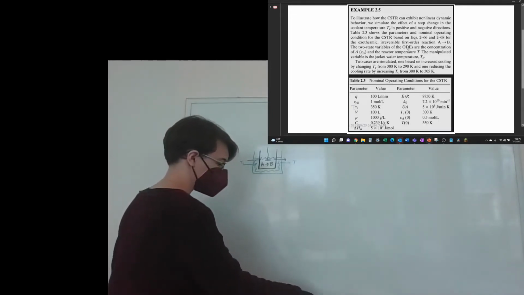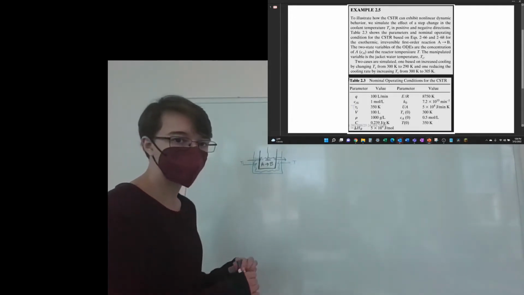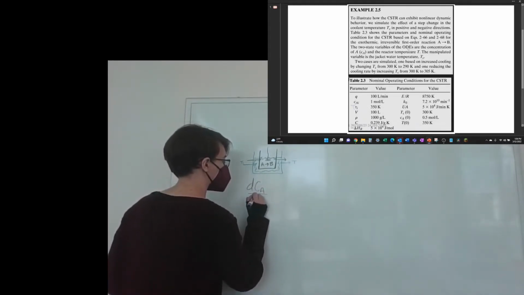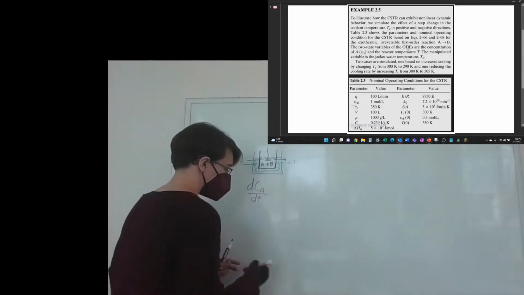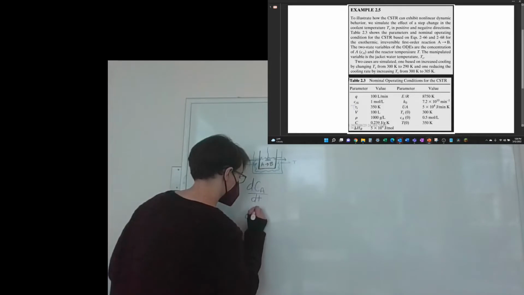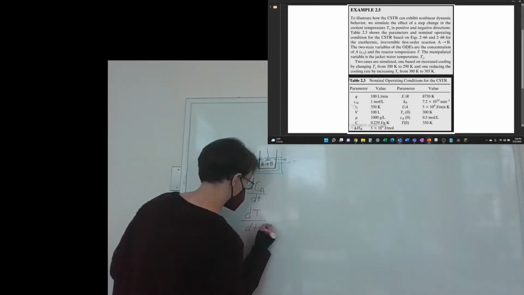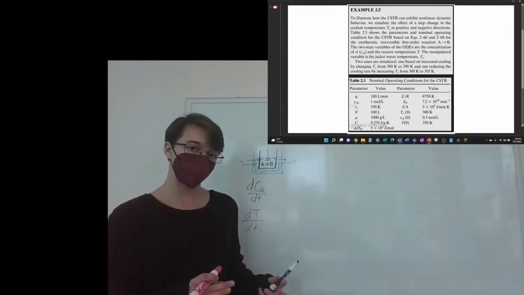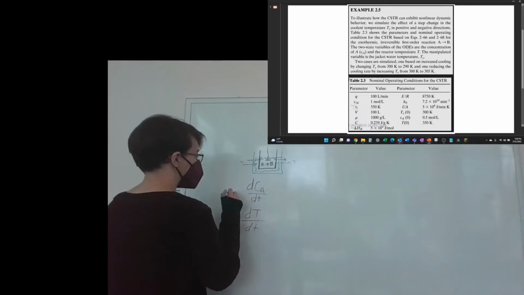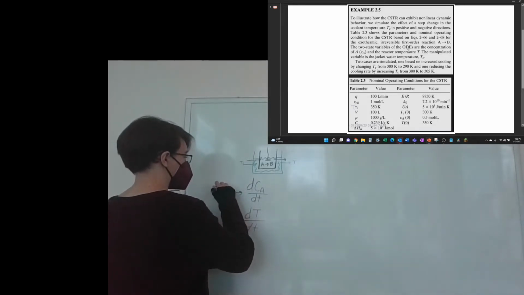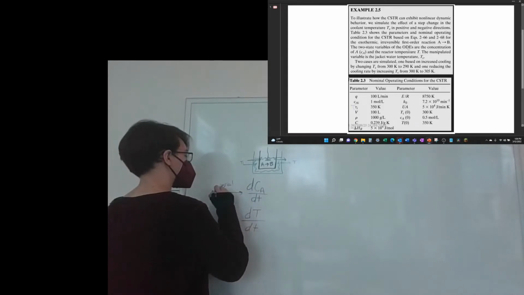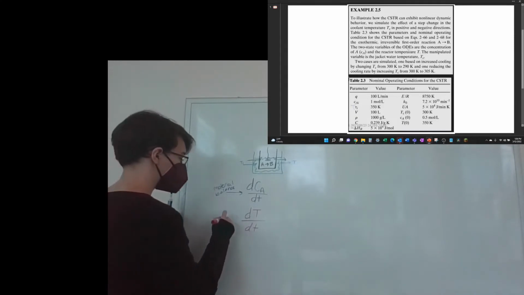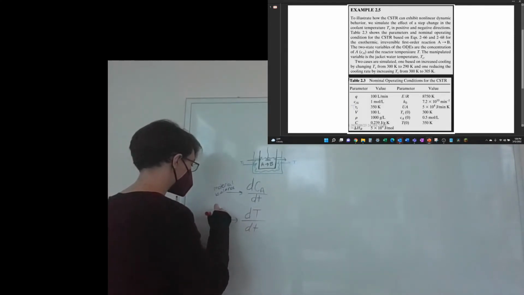So we're looking for two things: a change in concentration of A with respect to time, and a change in temperature with respect to time. This is where material and energy balances come in. The first one is going to be found from a material balance, and the change in temperature with respect to time is going to be found using an energy balance.